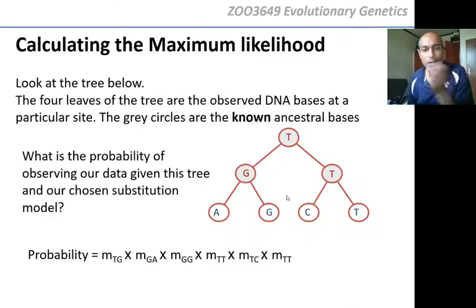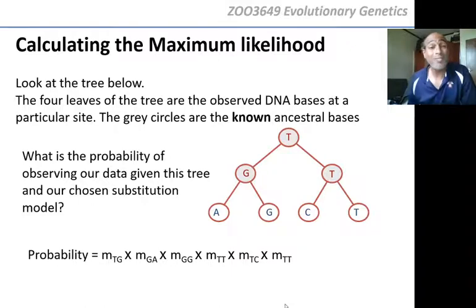Again, it's obvious, right? So how do we go? MTT, which is the mutation from T to a T, and then the mutation from a T to a C, that's this one here, MTC, and the mutation from a T to a T, that's this one here. You multiply that again. So the probability of the whole tree is all the probabilities of each and every step multiplied with each other.